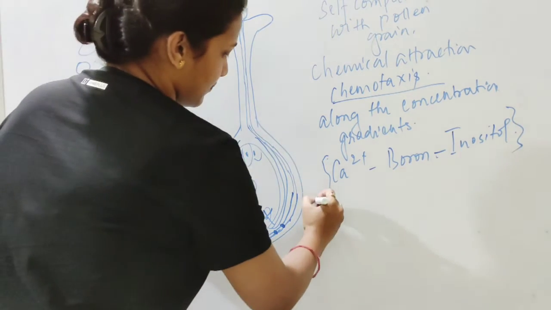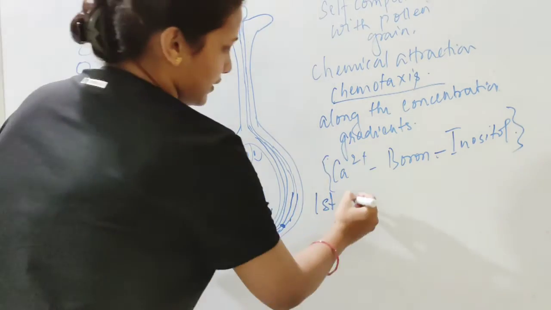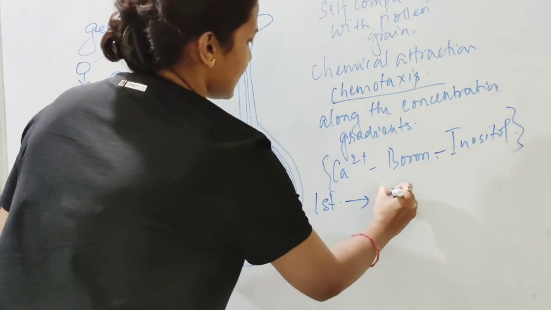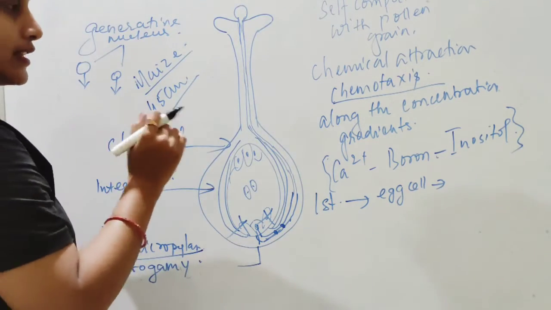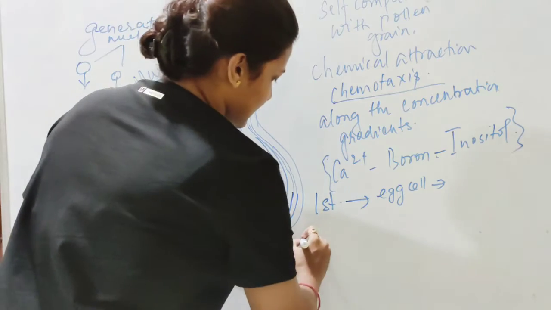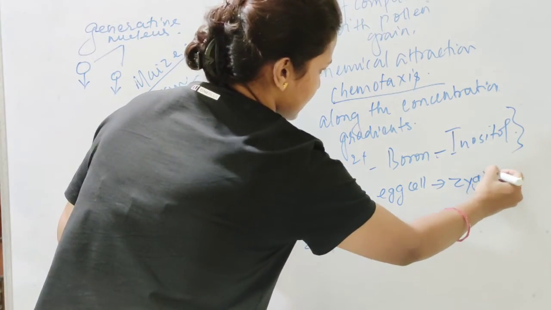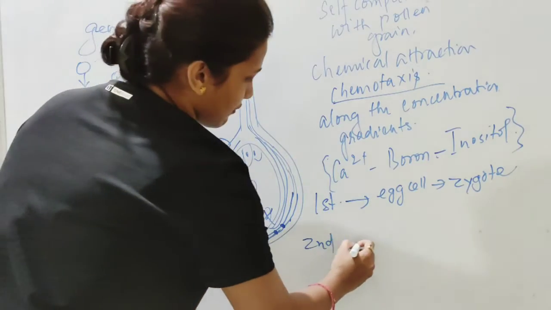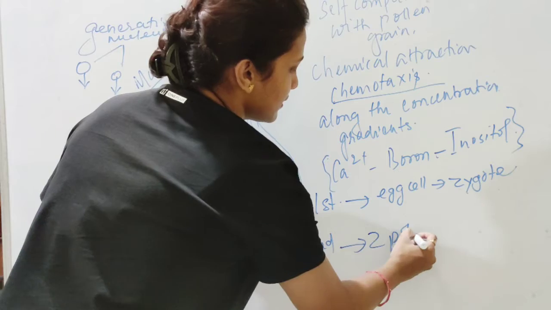Let me tell you that one of them will fuse with the egg cell to give you the zygote, which further grows into the embryo. The second of them actually fuses with the two polar nuclei.